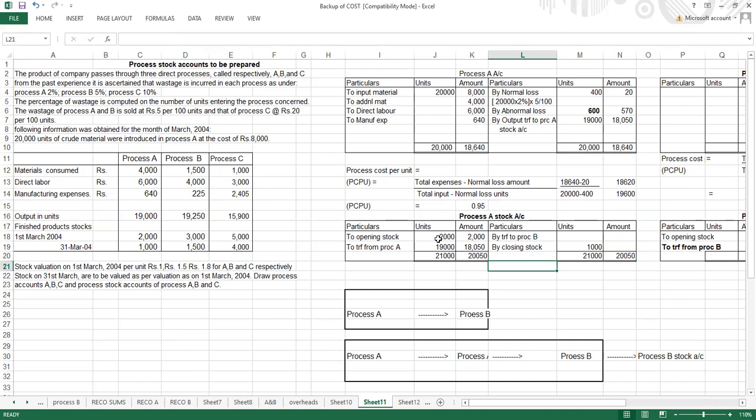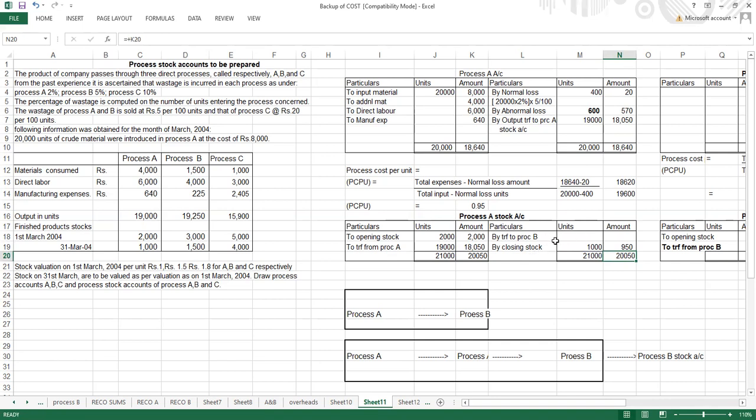Accordingly, the opening stock must have been sent to process B beforehand, before the new transfer from process A. Clear? So accordingly, the closing stock which is lying at 1000 units must be out of new stock, and rate for new stock was 0.95. So I'll take a rate 0.95 for the value of 1000 units. Okay, so 1000 into 0.95. Now I get closing stock value.